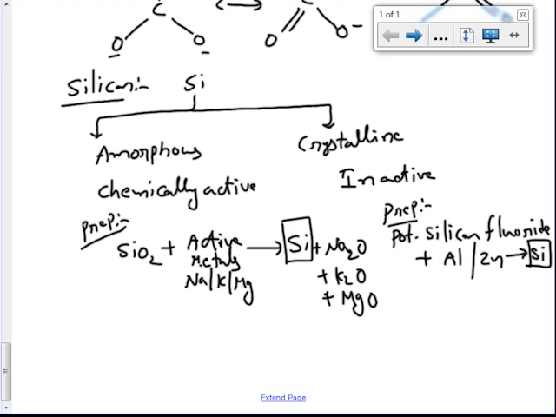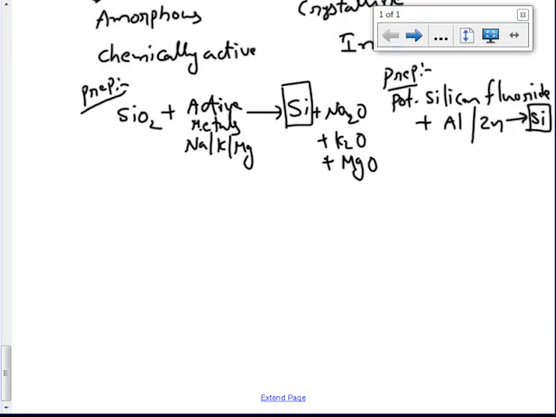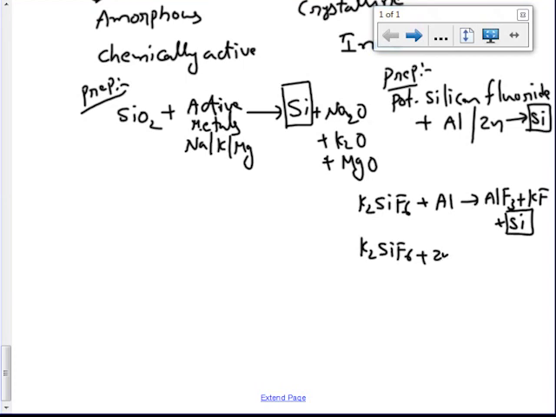K2SiF6 on reaction with aluminum gives AlF3 plus KF plus silicon, our crystalline silicon. The same K2SiF6 on reaction with zinc gives ZnF2 plus KF and silicon.